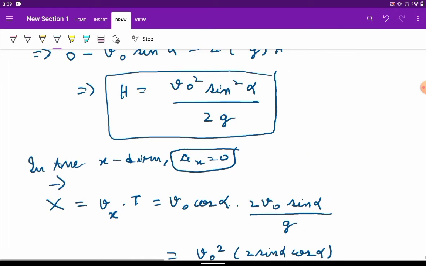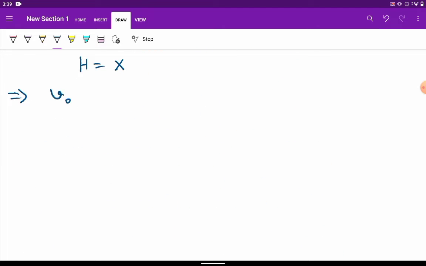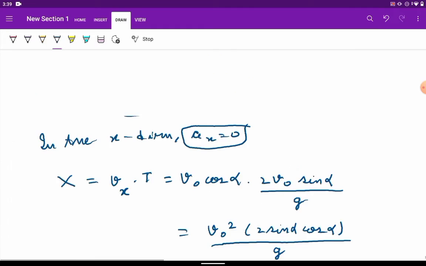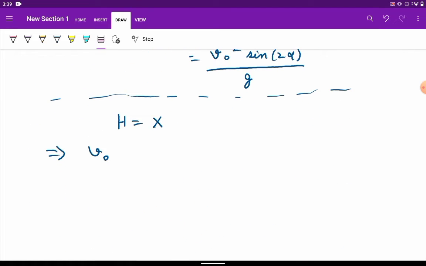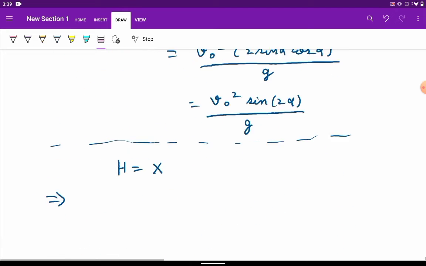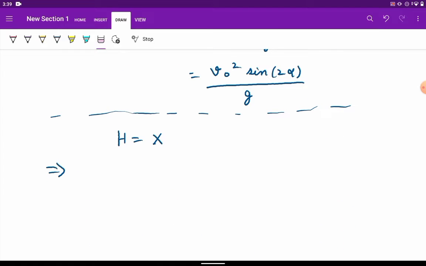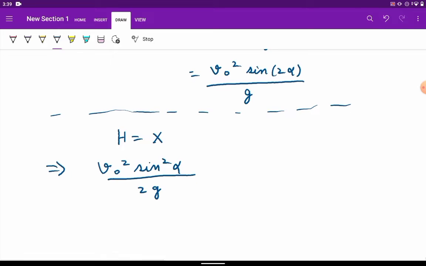So h is V naught square sine square alpha by 2g, and capital X is V naught square sine 2 alpha by g.